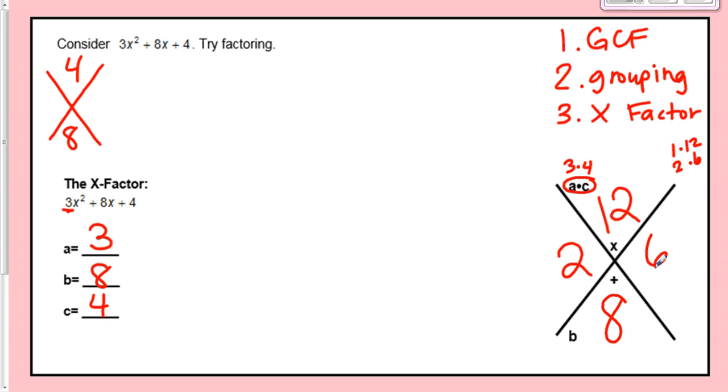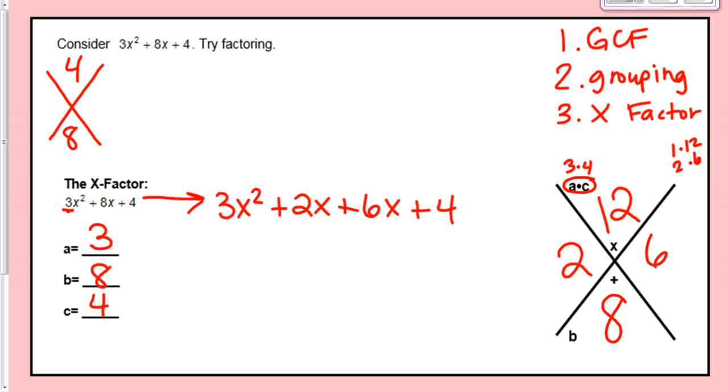Now, again, kind of similar to the original type of x factor, those two numbers are what we're going to use to break apart our middle term. So 3x squared is no longer going to be plus 8x. We're going to go ahead and use 2x and 6x to break it apart, okay? Now, before, we had a little shortcut, and I'm going to work this out, but I'm going to end up erasing it, so if you don't want to write this down, that's okay.